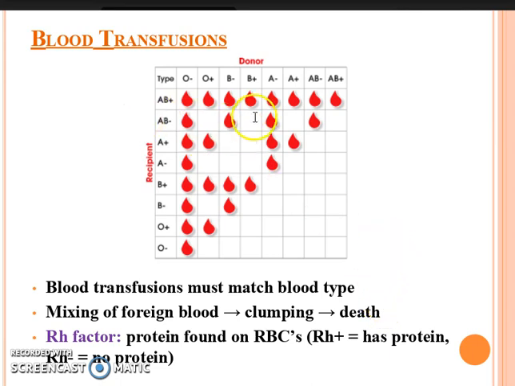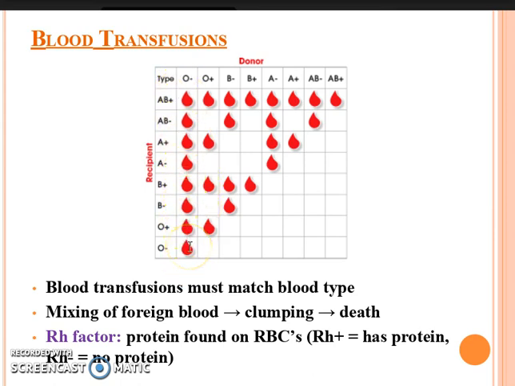So we were able to find out about all these different groups where you have your O minus, O plus, B minus, B plus, A minus, A plus, AB minus, and AB plus. What this is telling you is who can end up getting the blood. Okay, so here's our donors, here's our recipients. O negative can donate blood to anybody and they'd be perfectly fine.